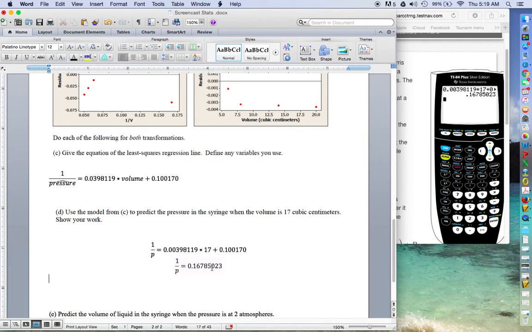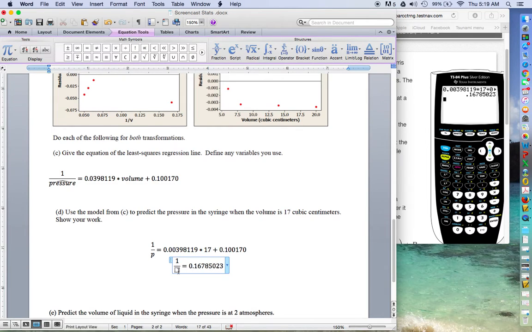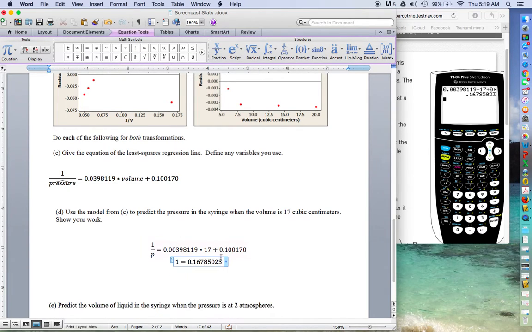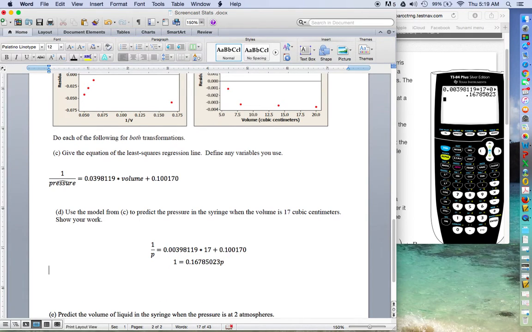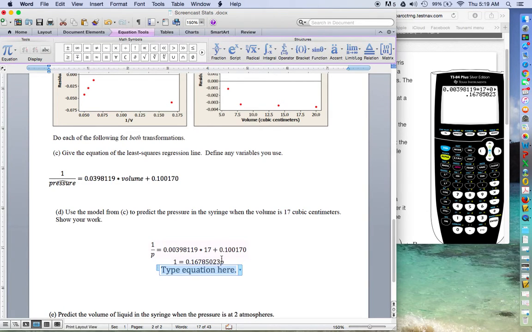Now to solve this, of course, you multiply by P on both sides. I multiply on the left by P, multiply on the right by P. I get this, then I need to divide 1 by 0.16. So we get P equals approximately 1 divided by 0.16.